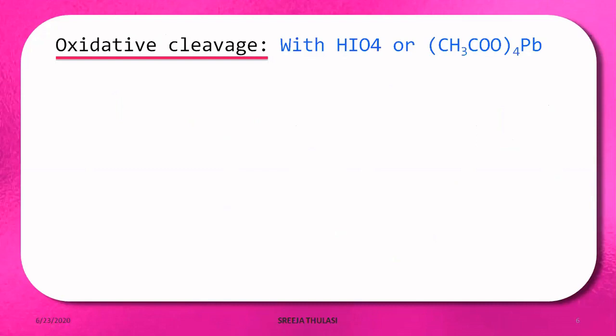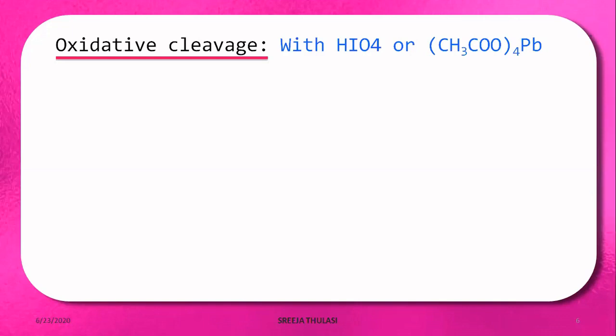Coming to the chemical properties, here also we are studying only one reaction, that is oxidative cleavage of ethylene glycol using HIO4, that is periodic acid, or Pb(CH3COO)4, which is lead tetraacetate.